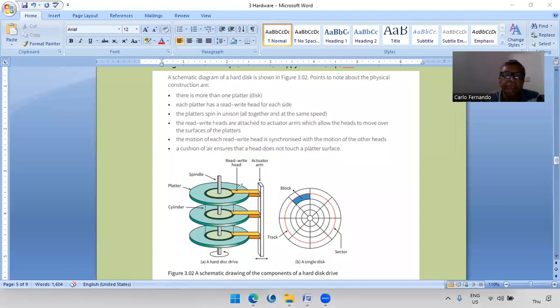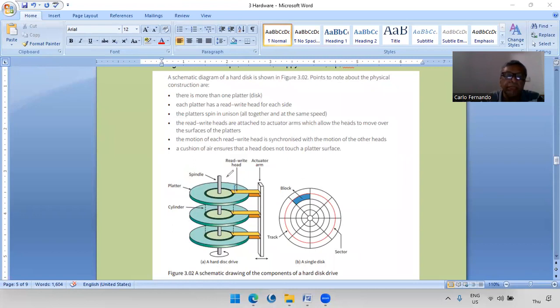If the head is just at one point, it can read one track at a time. These are the tracks. This is one track, the red one, then another track, another one. So the data is there. This small point can move either there or back here, and can go to the edge.